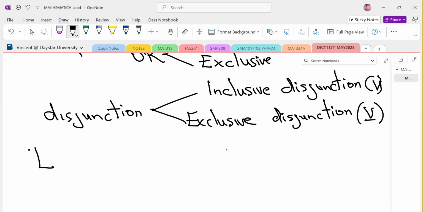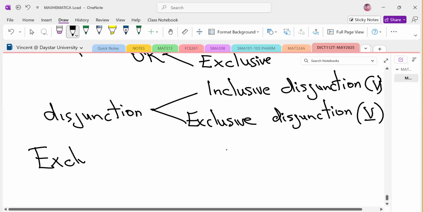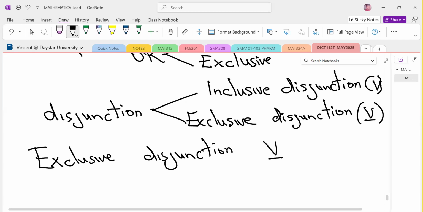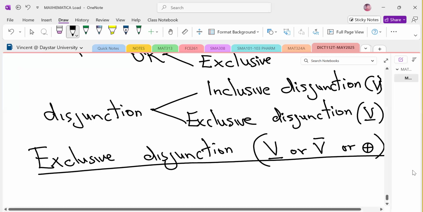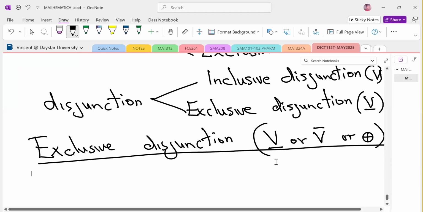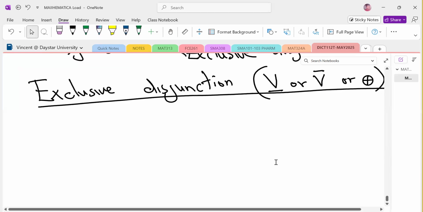And so the formal definition of exclusive disjunction: we use this notation, or this notation, or this notation. So we say let P and Q be two statements.